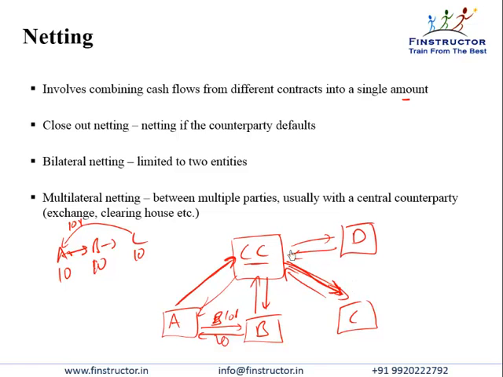So let's assume after the netting, the net liability of A comes out to be $100 and the net gain of C comes out to be plus $100. So A will give $100 to the central counterparty, who in turn will transfer it to C. So that's the concept of multilateral netting.